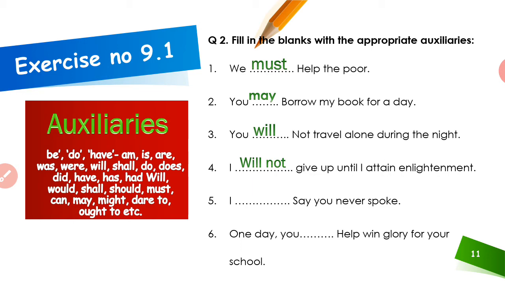Sentence number 5. I dash say you never spoke. I must say you never spoke. There may be some other helping word also which can come, that is, I can say you never spoke.